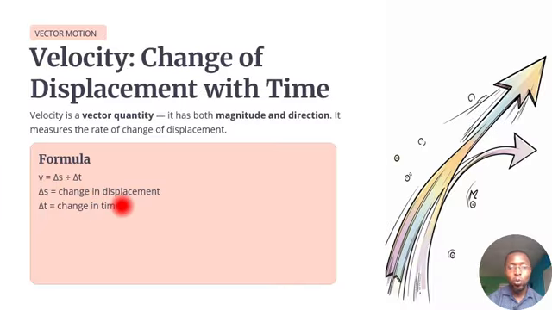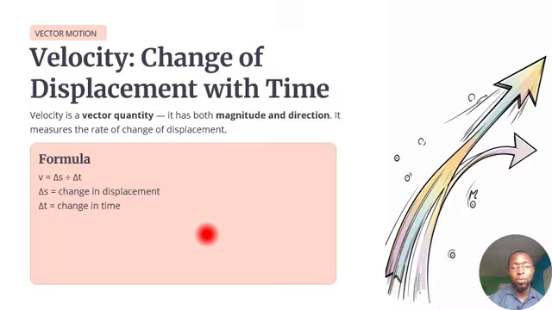All right. The unit for speed is the same as that of velocity, meter per second. That's what is common between them. If you have to state the similarity between velocity and speed, what you need to say is that they have the same unit, which is meter per second.